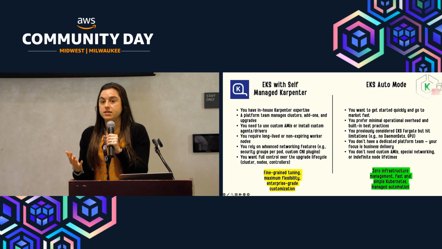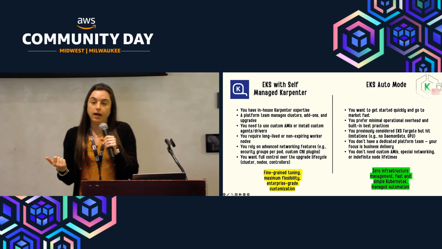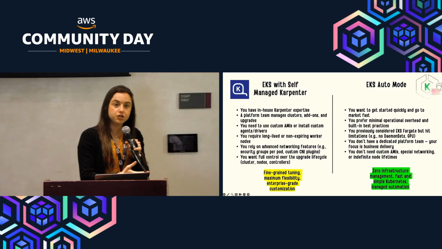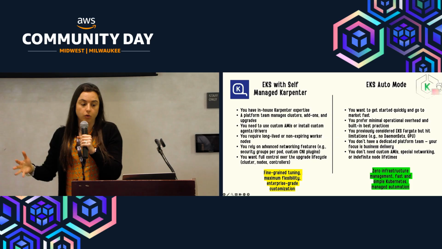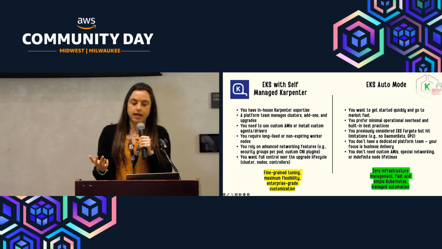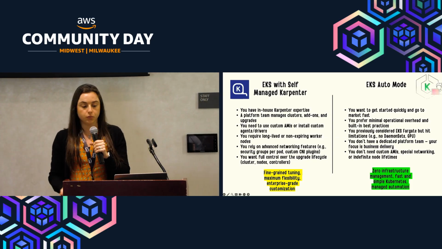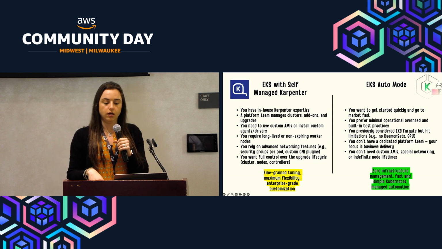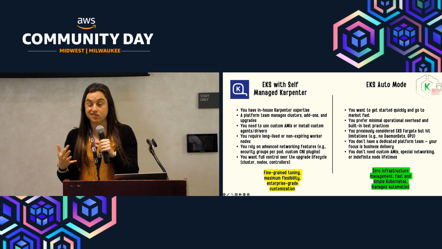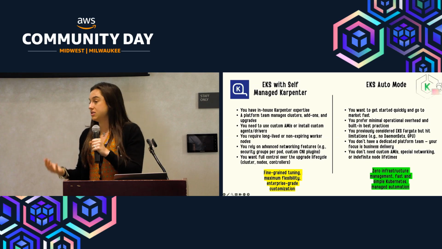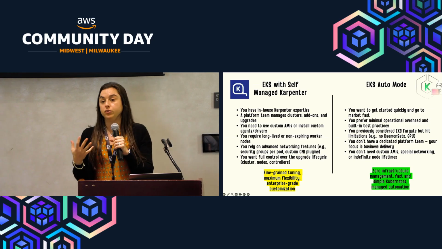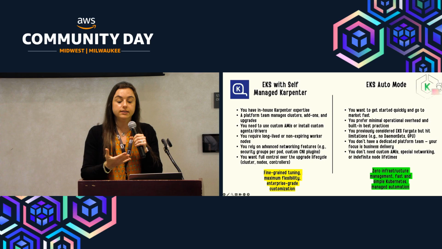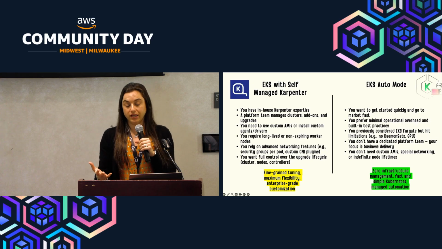But if you ask yourself, what should I choose? Do I want to go self-managed mode, or do I want to go Auto Mode? Again, it depends. If you're running regulated workloads, you have more compliance issues, you need customization, or you want advanced networking, then Karpenter will give you that flexibility.